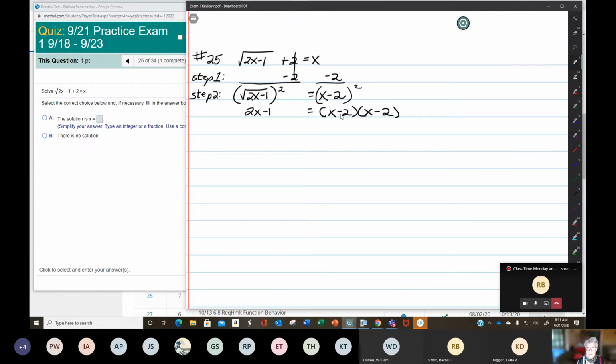Okay, now I'm going to have to multiply these together. Negative 2 times negative 2 is positive 4.